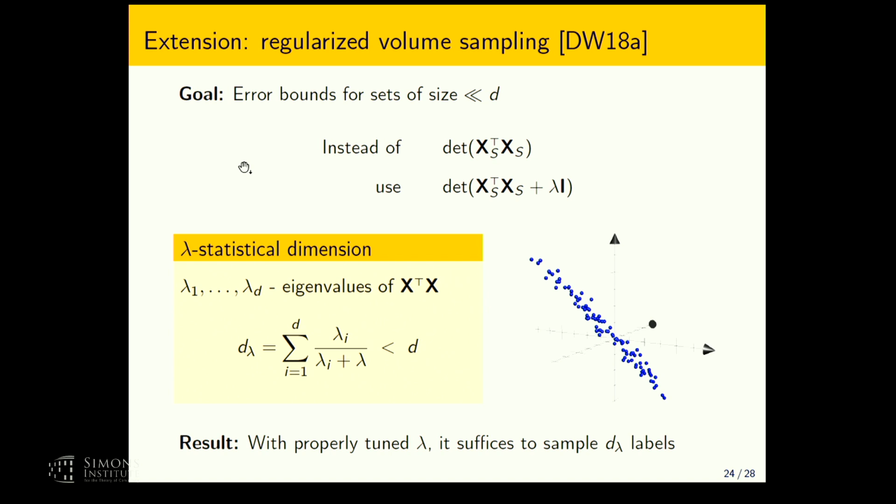It will be much smaller than the dimension D whenever maybe the data is approximately low rank or so forth. And you will only need to sample D lambda, the statistical dimension, many points with volume sampling to get error bounds, which I will not get into, but they're provable error bounds here.